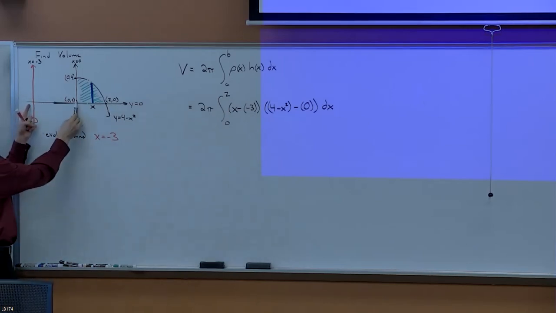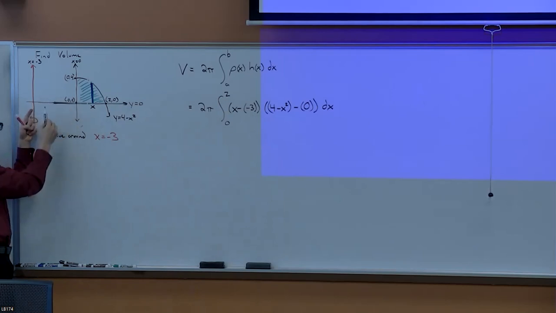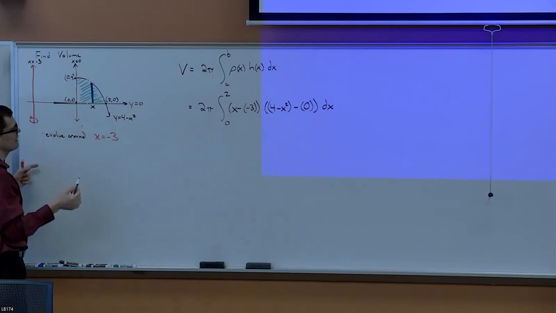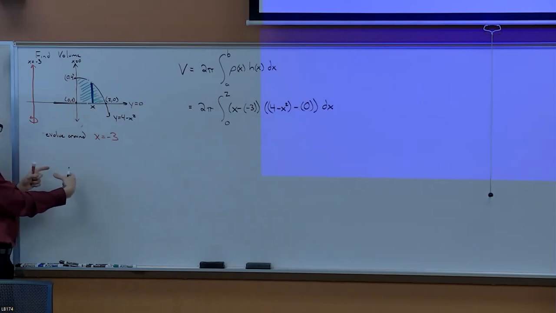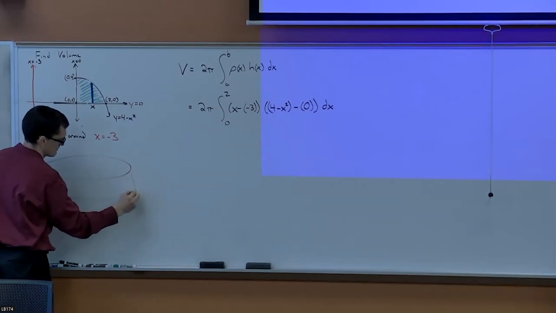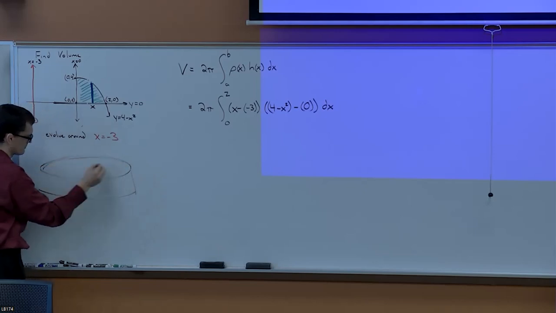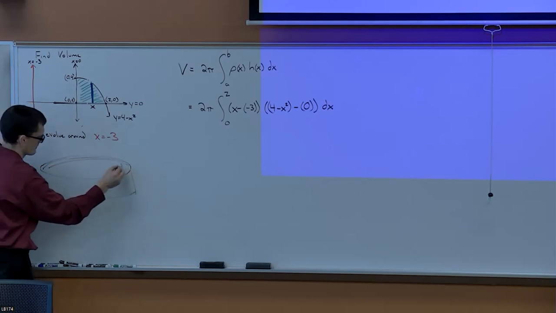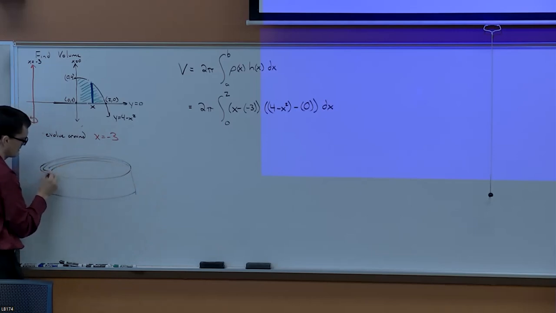Notice if we start at 0, we avoid any possible shells on this side, right? And so what we've done is we've done a shell method where essentially we have these nested shells and it just stops with a hole in it already. Does that make sense? Think of it as we got a bunch of nested shells, all inside of each other.